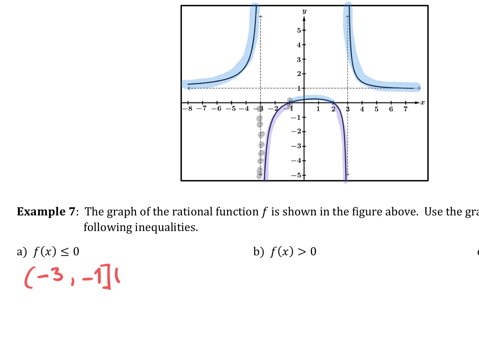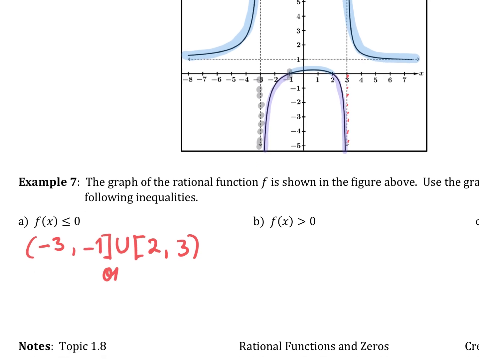Also, with the union of this part again, from 2, which is a 0, so we use brackets, and then 3. This is how you answer it. Or we can also do it in another notation: negative 3 less than x less than or equal to negative 1, and the value of x is between 2 and 3.